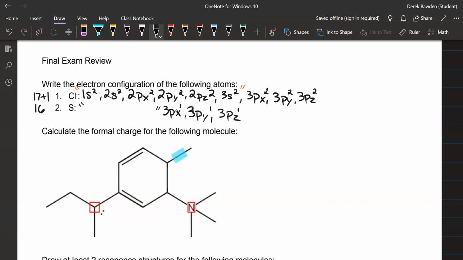But because we have 1 more than we need to account for, 3px is going to be 2. So it's all the same that's in the quotes, 3px2, 3py1, 3pz1. Does everybody understand that? Any questions on how I got that? Awesome.